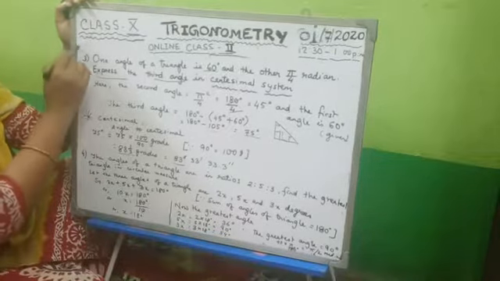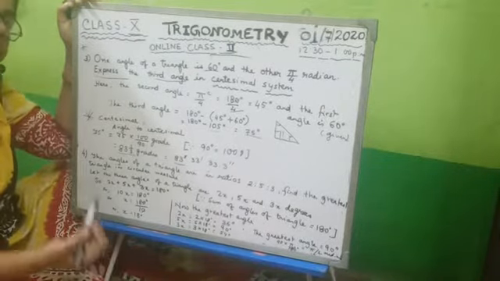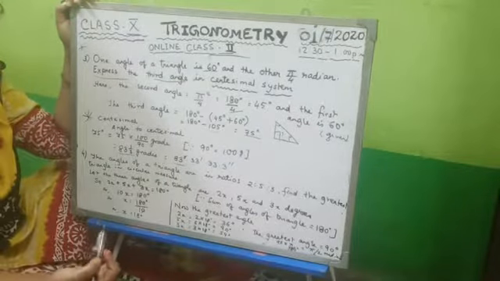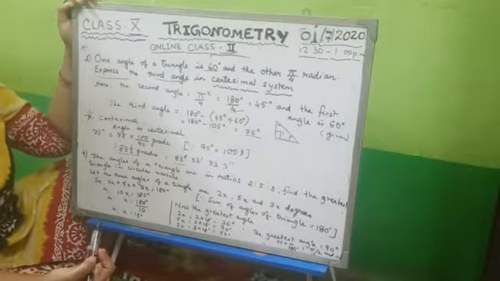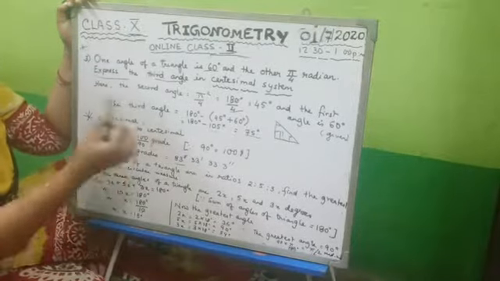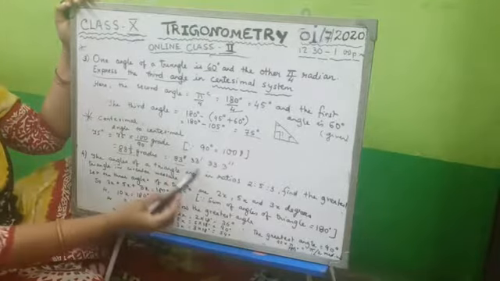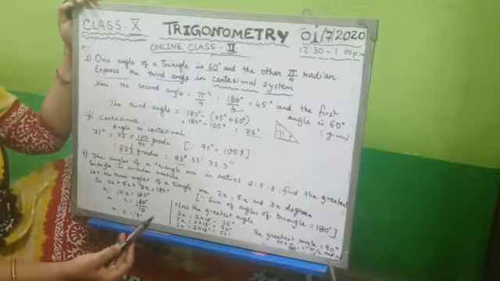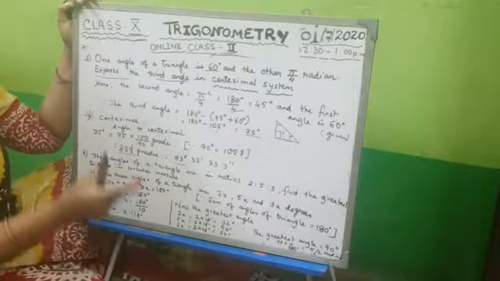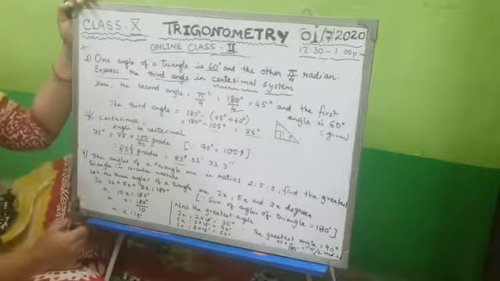These sums are very, very important. These are all from chapter 1, the very first chapter. The book sums are already done in the class, but these are extra sums which I am showing to you. Please copy them correctly. You can enlarge or zoom your phone app to see the sums.